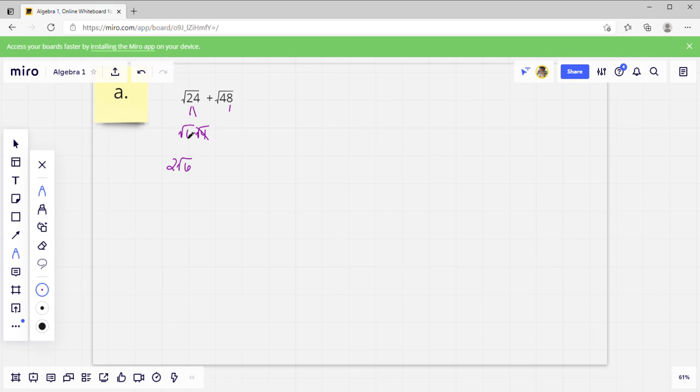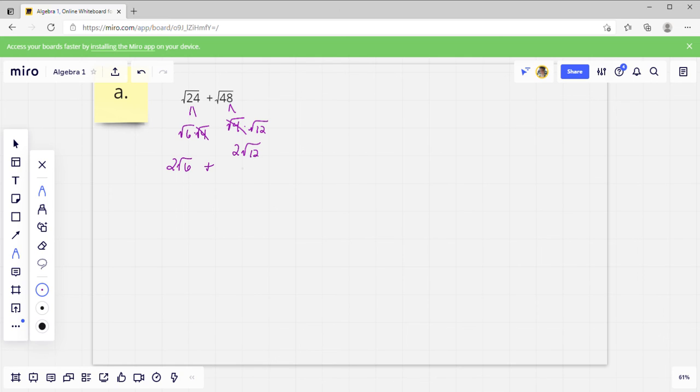All right, 48. We could say 6 times 8, 6 times 4, 4 times 12. 4 times the square root of 12. That would be 2. Yep, so we'd have 2 times the square root of 12. I think there's something else we can pull out of there.